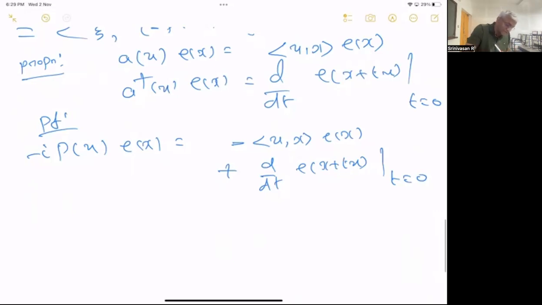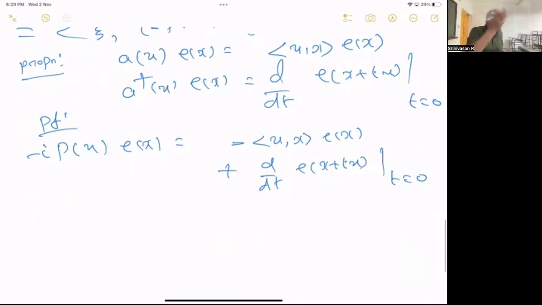So believe me, or use this exercise: T of A(u) or A dagger(u) acting on any xi in the finite particle vectors equals A(u) T xi, for all finite particle vectors.